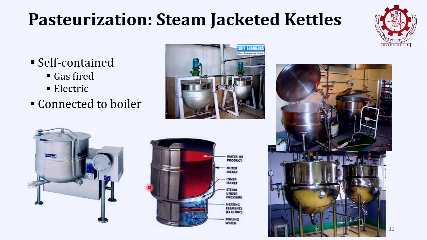So for pasteurization, as you can see, some of this equipment, in this case, is the steam jacketed kettle. Why do you say steam jacketed? It's an indirect heating. So you have a jacket, you have a double wall. You could have a direct heating as well, but what would be the problem with the direct heating?